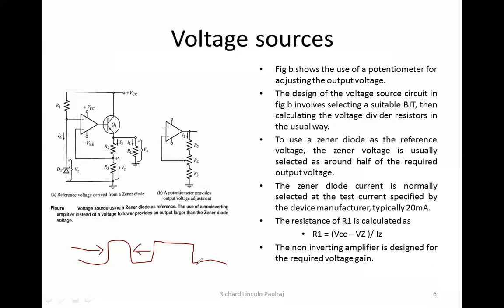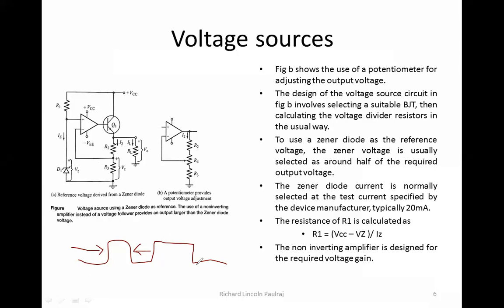The width is less, but for the second one, the width is high. So what you're able to see here is that the width of this pulse is able to vary.